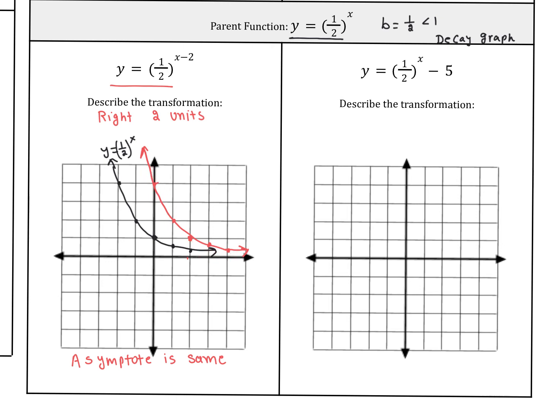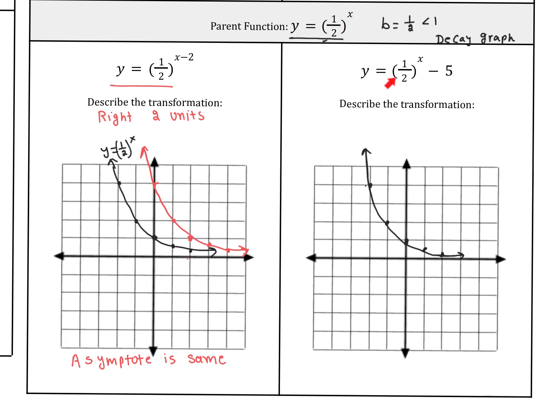I'm copying the graph of the parent function, the same one that I graphed here in black pencil. This one is our parent function for y equals 1 over 2 to the power x.